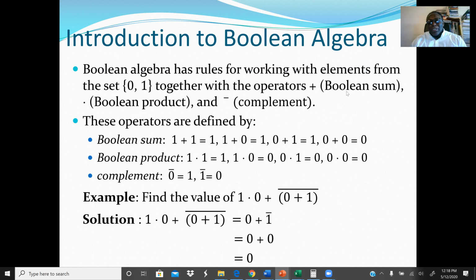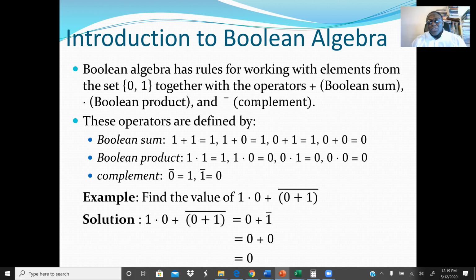A sum is the same as a sum we do in an arithmetic operation. But here we should keep in mind we have only 2 digits, 0 and 1. Unlike regular algebra, where we have a decimal numbering system, we can have 9 plus 2 or 20 plus 40, and the digits are from 0 to 9.